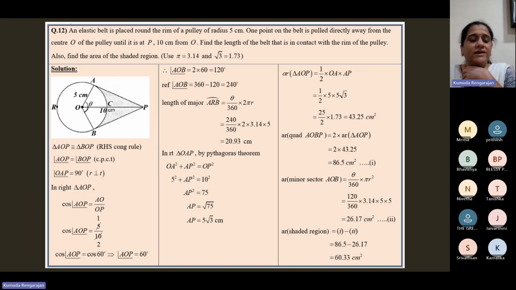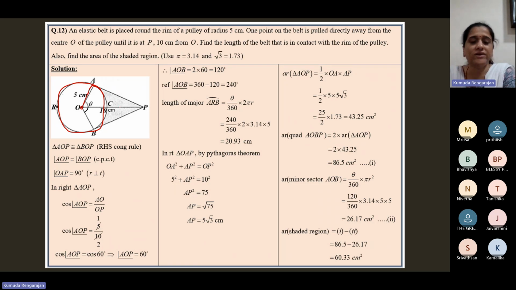And the question is, an elastic belt is placed around the rim of a pulley. This is the pulley. An elastic belt is placed around the rim of a pulley of radius 5 centimeters.